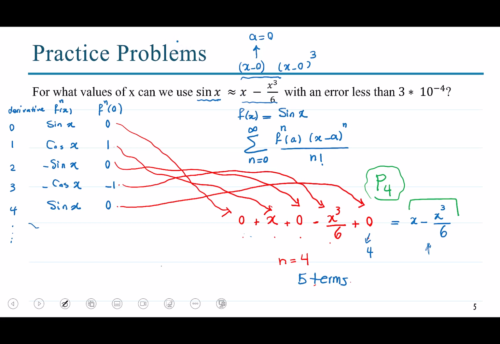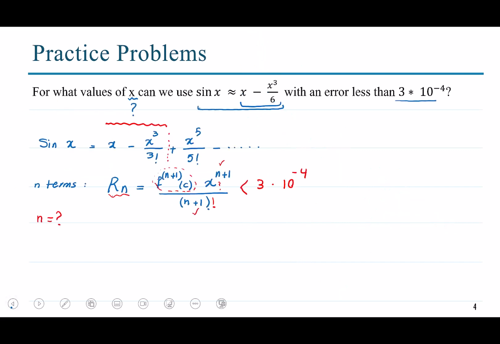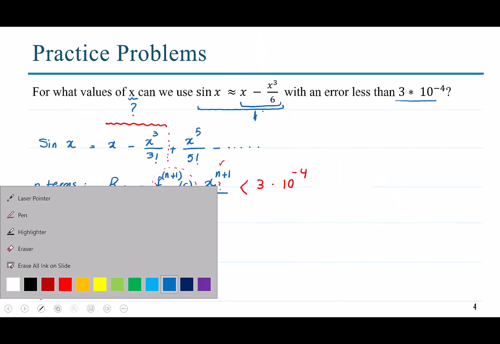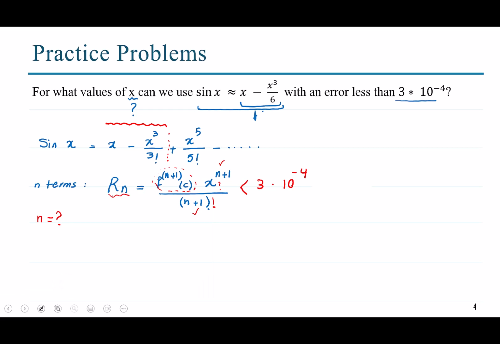Okay, now that we found that out, we go back to this formula for the error. So I figured out that when I use this estimation for my sine of x, these 2 terms, I'm actually using 5 terms of the Taylor series, and my n is 4.